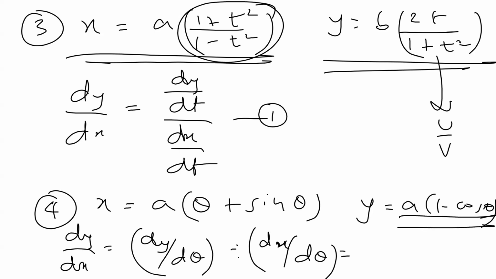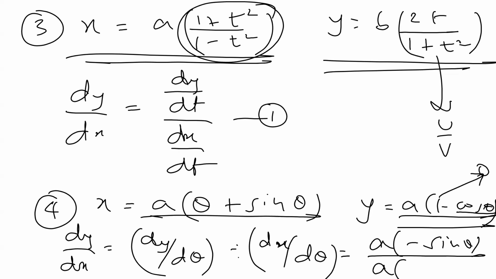So dy by d theta: differentiate this with respect to theta. So a is a, 1 is 0. Minus sign remains as it is, and derivative of cos theta is sine theta. No chain rule because we're differentiating with respect to theta, and theta in cos theta is theta only. And here a is outside.